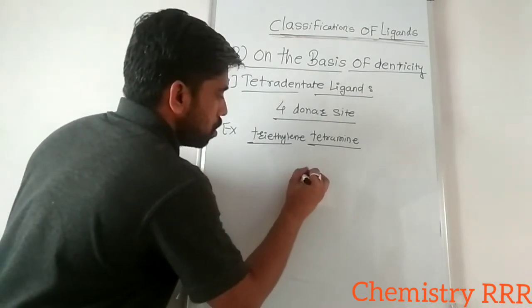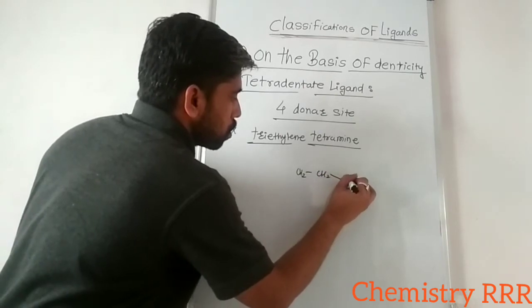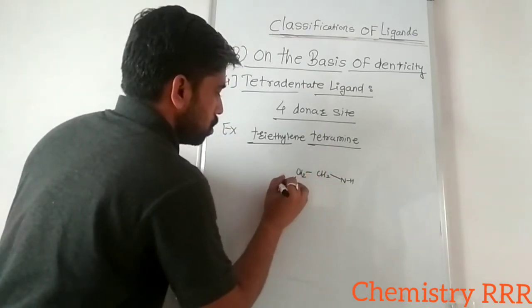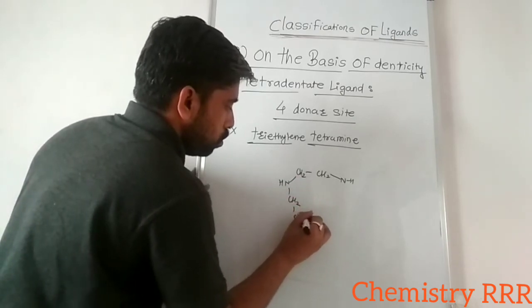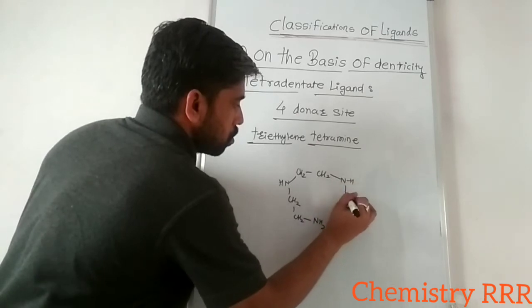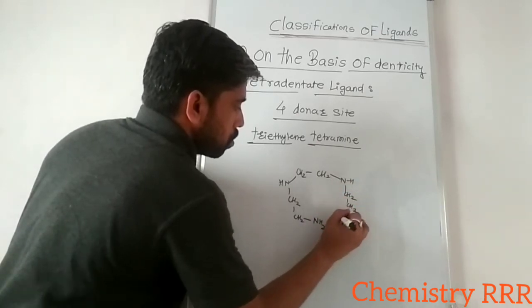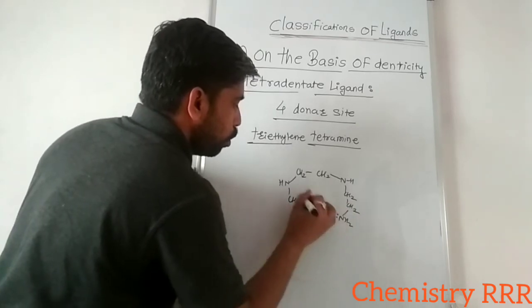The structure is CH2, CH2, NH, CH2, CH2, NH2, NH2. These are the 4 donor sites.